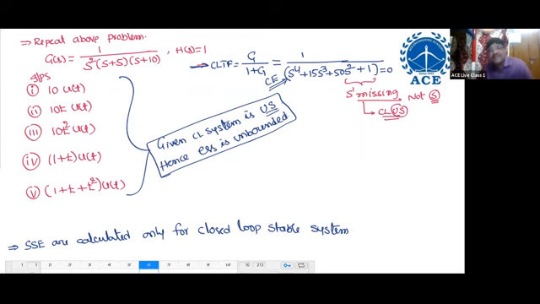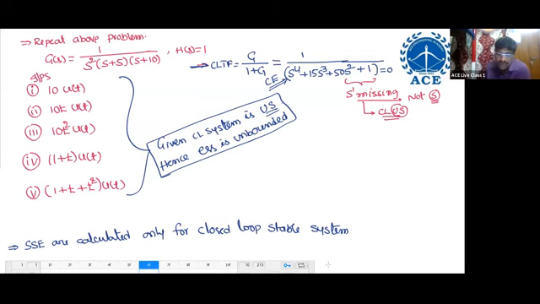To check which, you would have to find c of t and substitute t tends to infinity, which is not possible here because it is a fourth order system and finding roots is difficult. So simply write that the steady state error is unbounded, or plus or minus infinity. Like this, you have to write the answer.